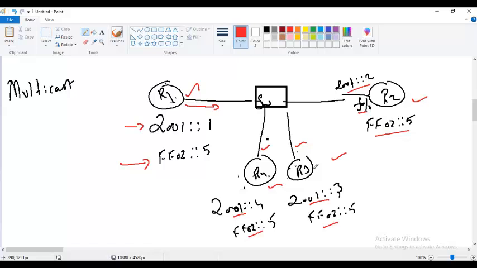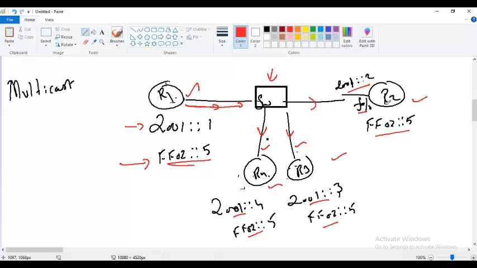No, that's not the way. When we say it goes to everyone, how can a single packet go to everyone? When it is sent to a switch, because it's a multicast address, a layer 2 multicast address will be assigned automatically to the packet. So when the switch sees the layer 2 multicast address, it will forward a copy of it to every wire.